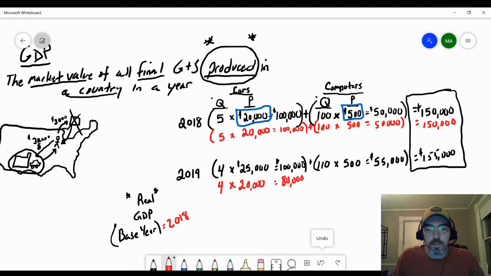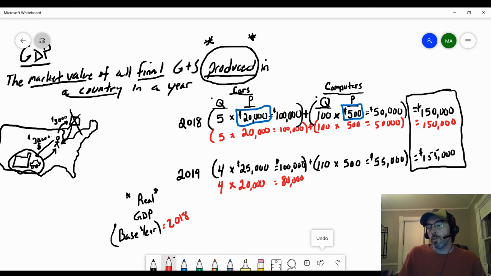So what does that number mean? Well, in 2019, we only produced 4 cars, not 5. And if we use the value of a car from 2018, we see that the total value of cars that we produced was only $80,000 compared to $100,000 the year before. So what we can say is that the value of cars that we produced decreased from one year to the next, as long as we're clear that we're talking about as measured using 2018 prices.